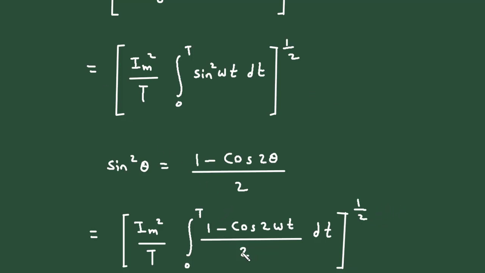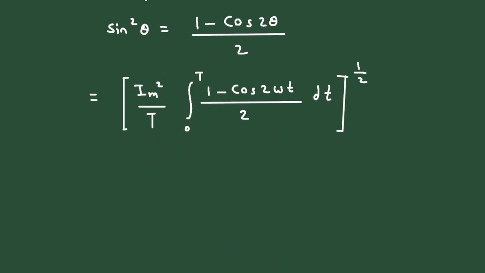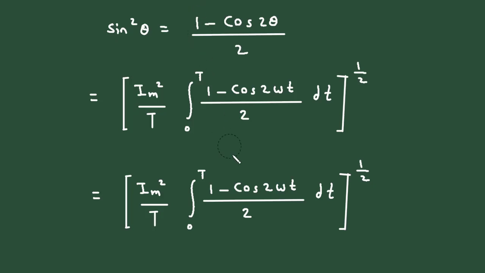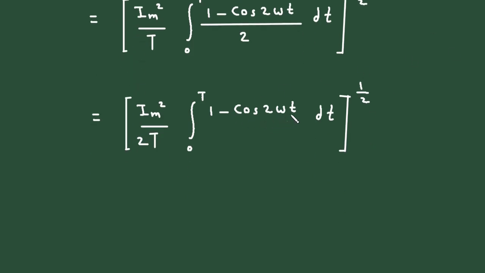Now here this 1 by 2, this 2 is constant, so we can take this outside. So let's copy this again. So if we take this 2 outside, it will be like this. Now let's take the integration of this 1 minus cos 2 omega t. So it will be again square bracket Im square divided by 2T.